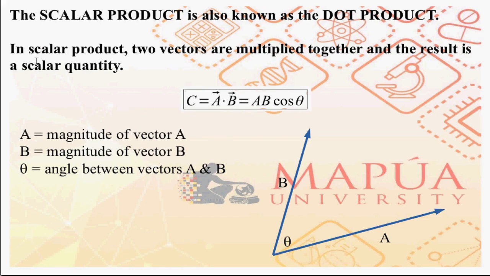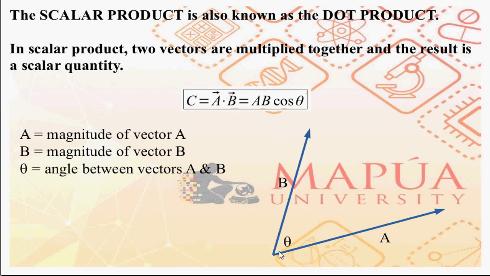In scalar product, as mentioned, two vectors are multiplied together and the result is a scalar quantity. The scalar quantity C is equal to vector A dotted with vector B. Let vector A be this vector and vector B be this vector.